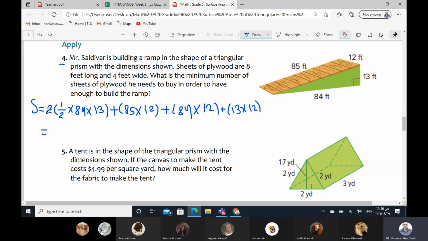Now we can calculate: 2 times 1 over 2 will be 1. Then we have 84 times 13.